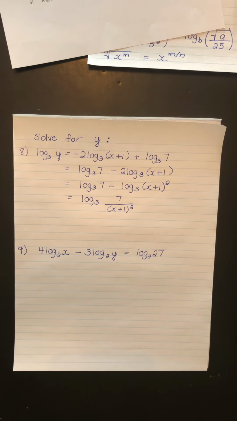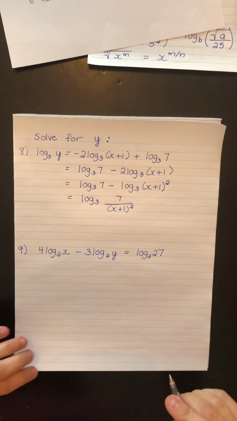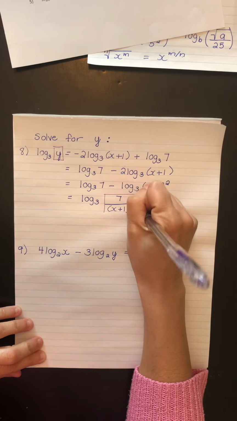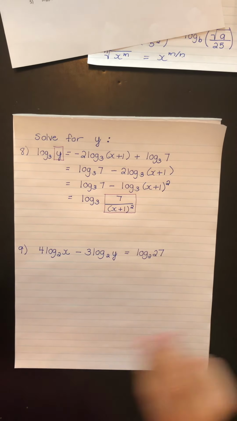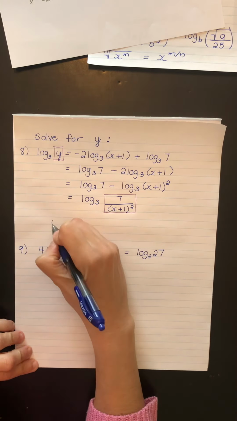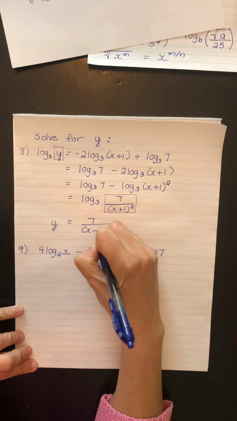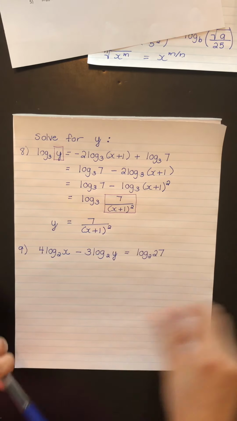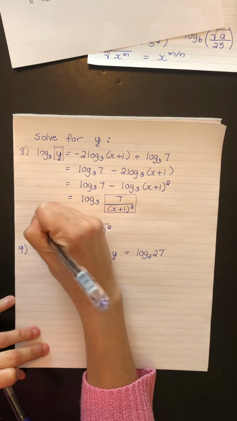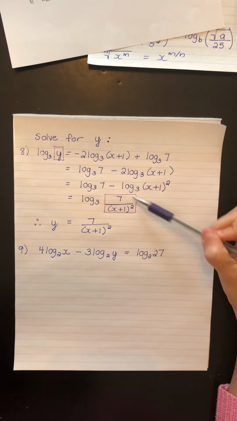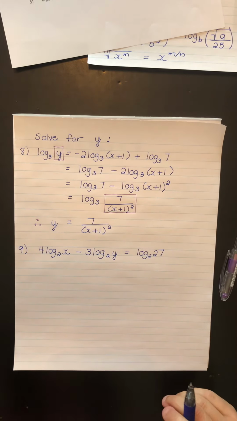And the right is also a single logarithm of base 3. And since it's an equation, we can now equate the arguments. So our conclusion is y is equal to 7 over x plus 1 all squared. Okay, and we could not equate the arguments until we had a single logarithm on that right side.